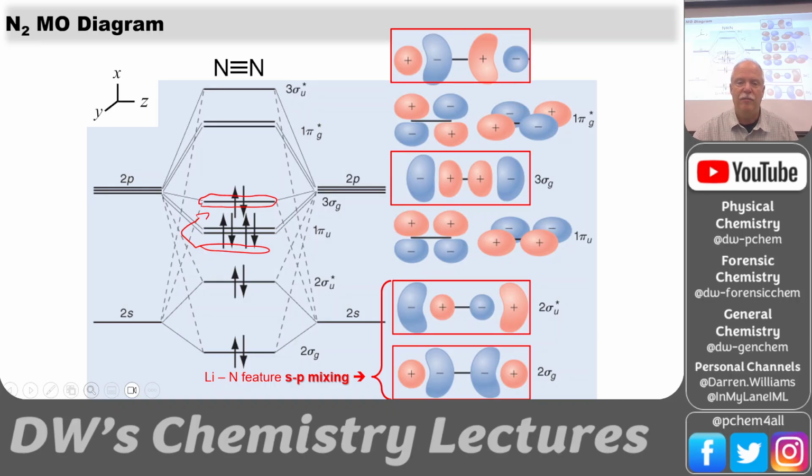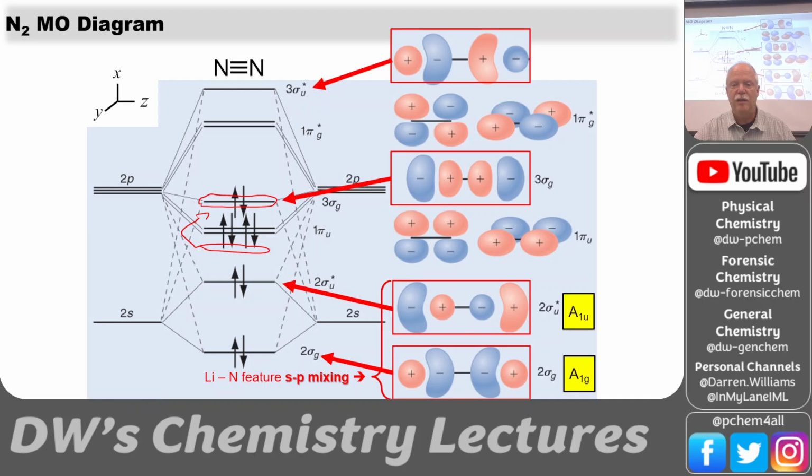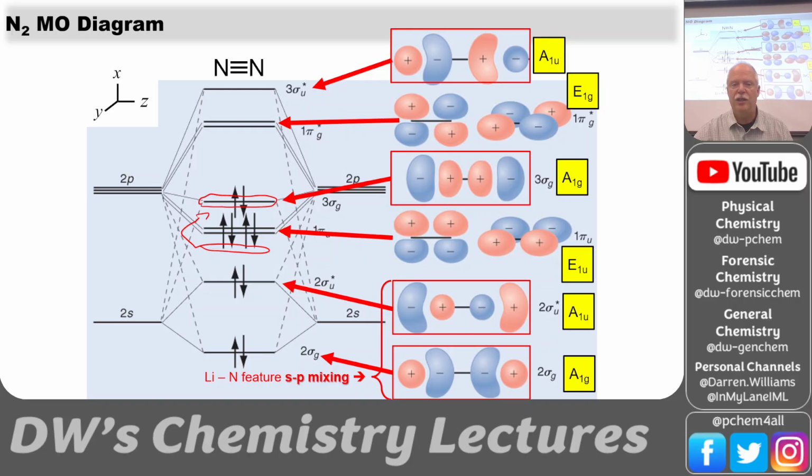But everything else is the same. You can see the pictures look the same. So these are all of the sigma interactions, and these are the A1G, A1Us, and then my EG and EU haven't changed at all. So they've kind of stayed put, but this energy level here, this 3 sigma G, has moved from below the pi bond to above the pi bond.